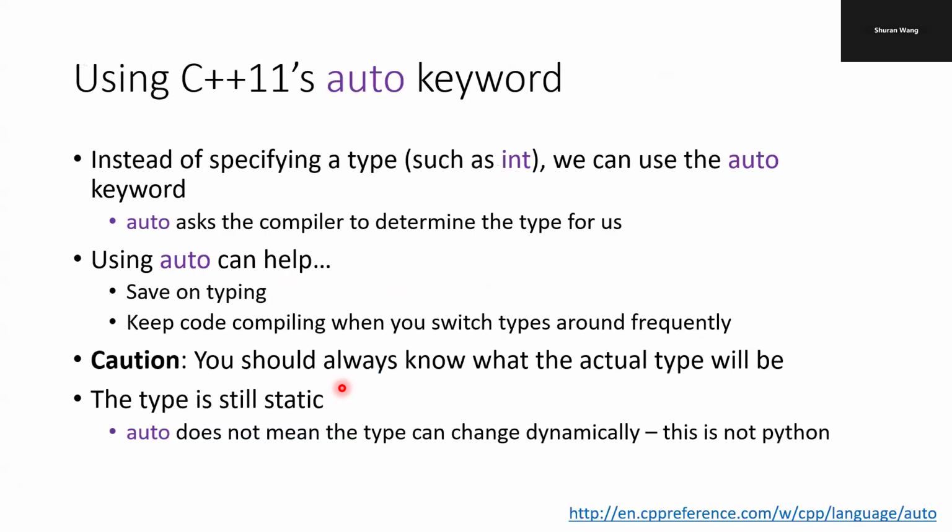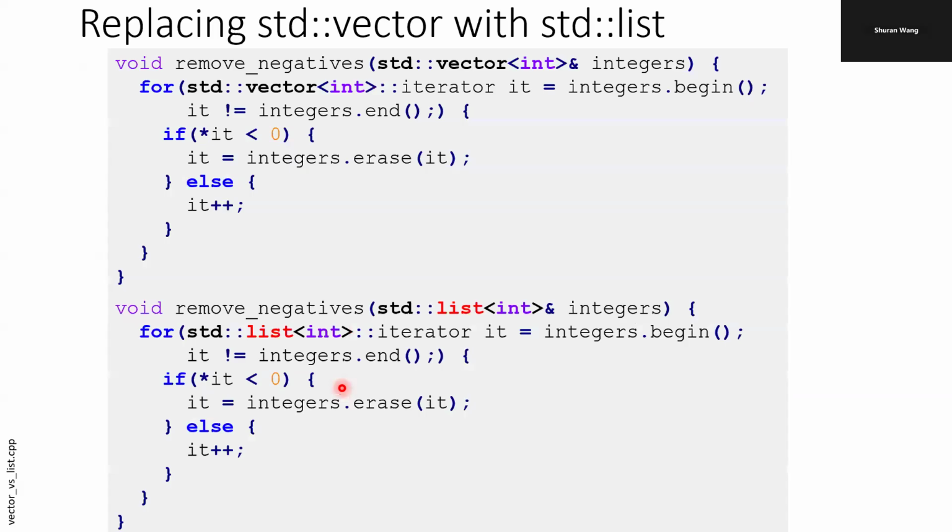Let's continue. The auto keyword. This is something that's being really widely abused. Just don't abuse it. The auto keyword is only there to help you save on typing. If you are writing something like std::list<int>::iterator and you replace this entire thing with auto, it will still work.